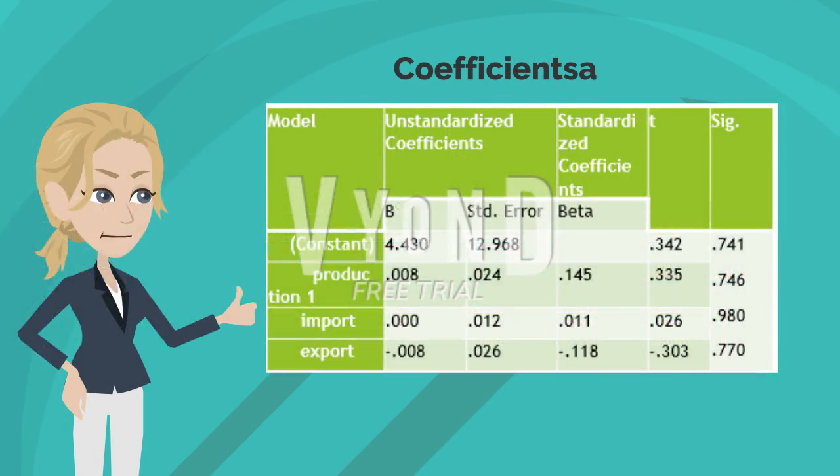The equation for BP equals 4.430, plus 0.008 for production, minus 0.008 for export, and import is 0. Next, for the standardized coefficients beta, the effect of production is 0.145 and import is 0.011. The p-values for production, import and export are more than 0.05. So, production, import and export are not significant predictors of BP.